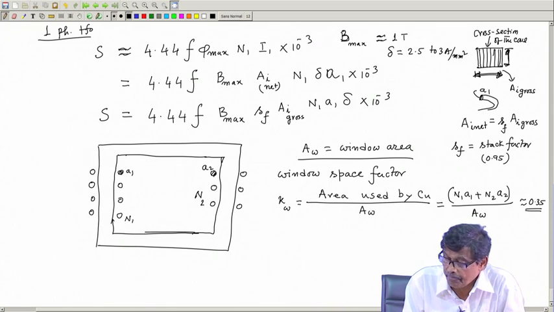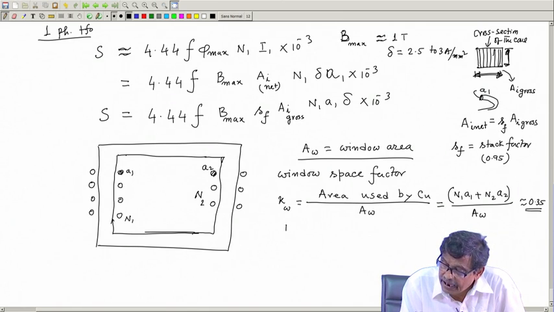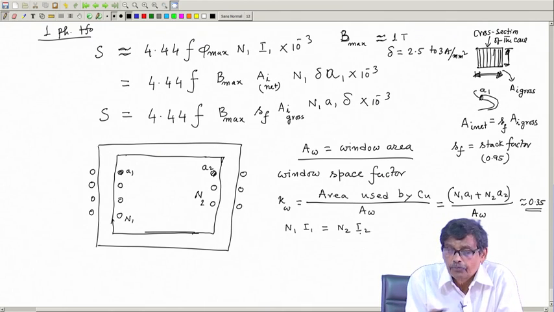Now, you see, when the rated current is flowing, we know N1 I1 is equal to N2 I2, and the current density of copper remains the same in the primary and secondary.